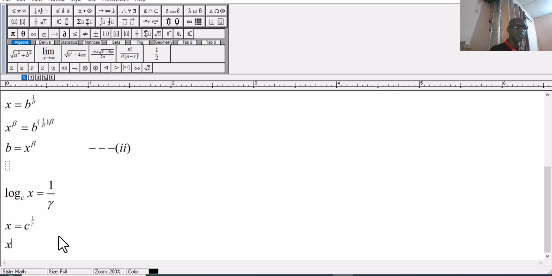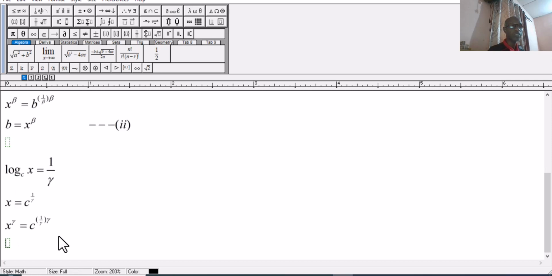So we have x raised to the power of gamma is equal to c, and so c is equal to x raised to the power of gamma.